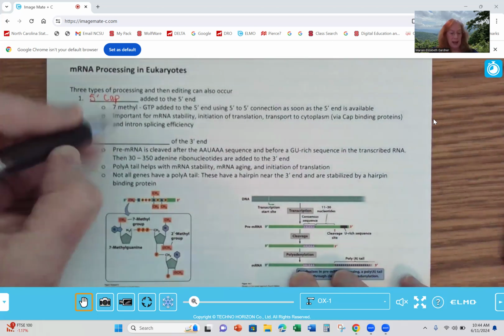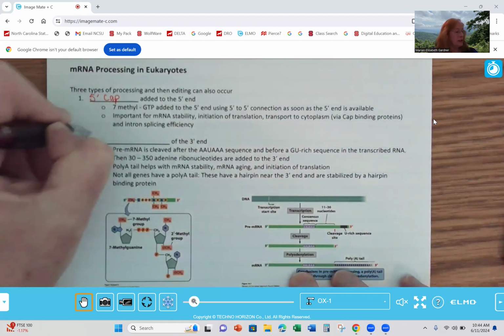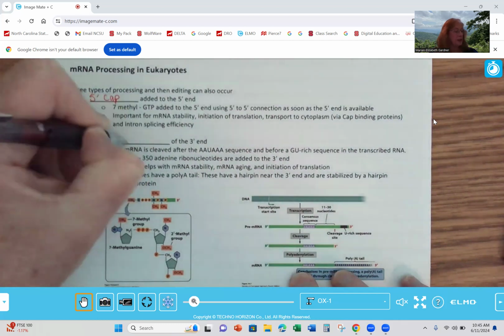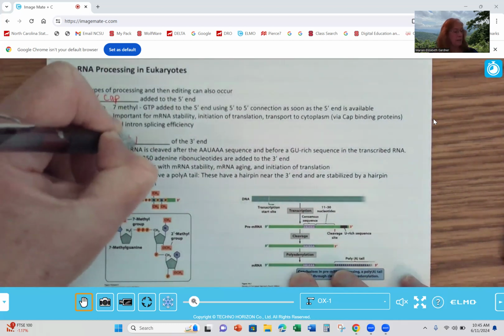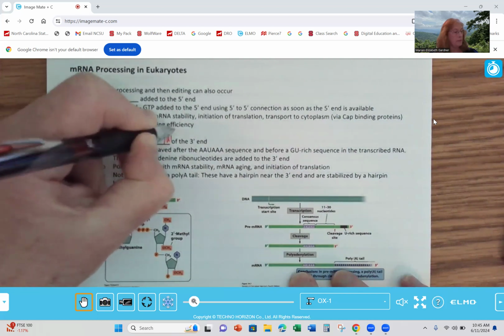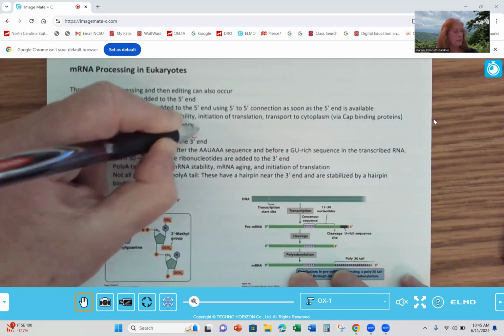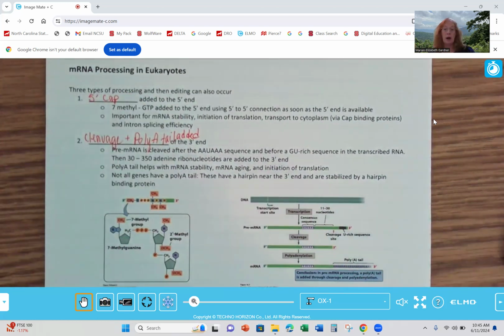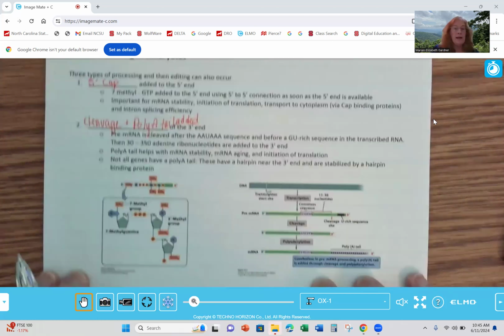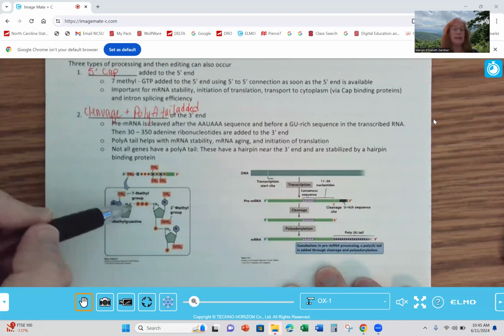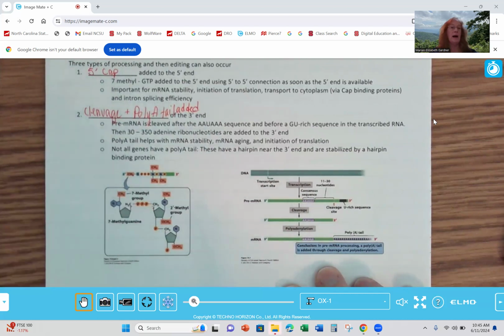At the 3' end, we get cleavage and the addition of a poly-A tail. So the 3' end is clipped off a little bit. And in fact, I should have shown this diagram. This is the 5' to 5' linkage for the 5' GTP cap.